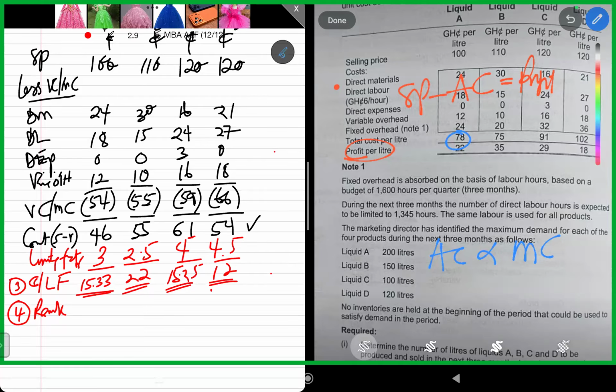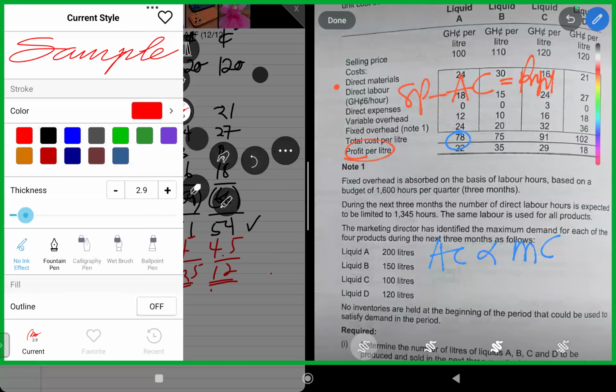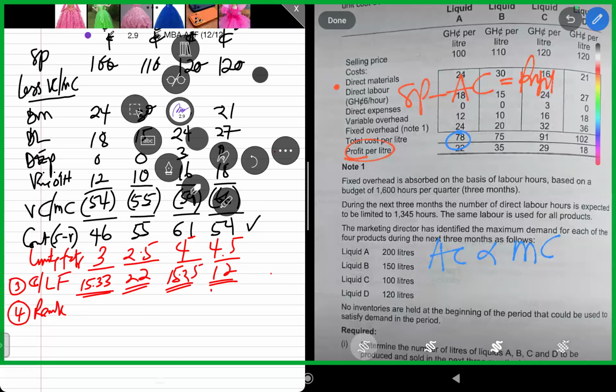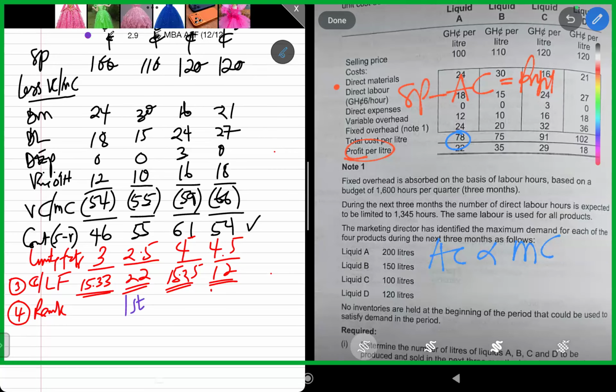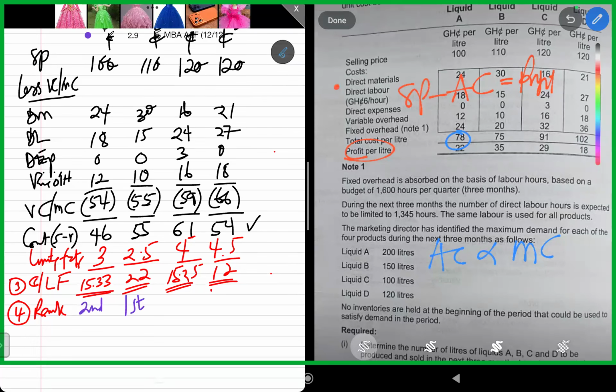So in all, which one will be the first? If we are to produce, which one should we produce first? Liquid B is first because it has the highest contribution per limiting factor, followed by Liquid A, the second highest, followed by Liquid C, third, followed by Liquid D, which will be the last.